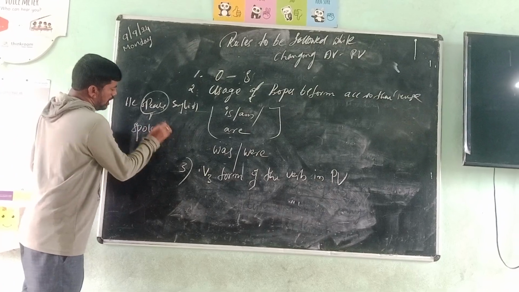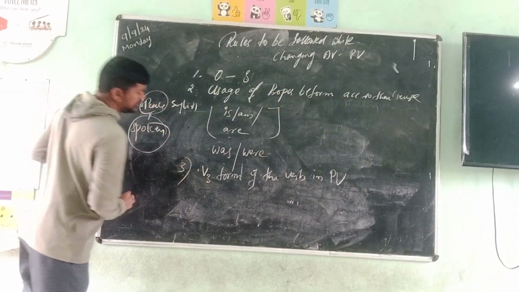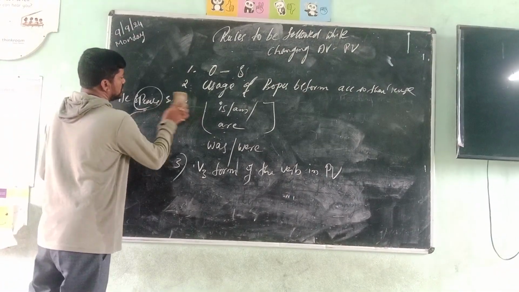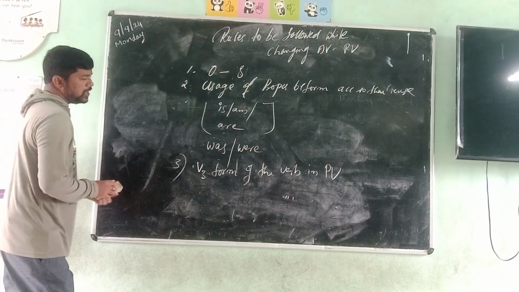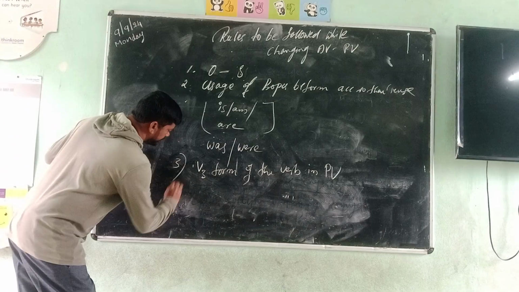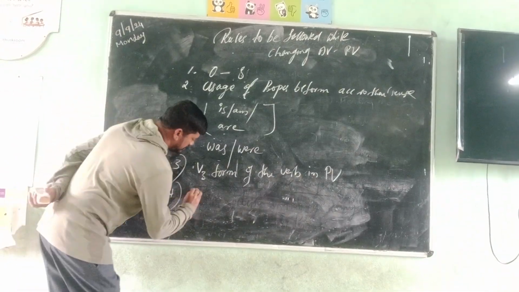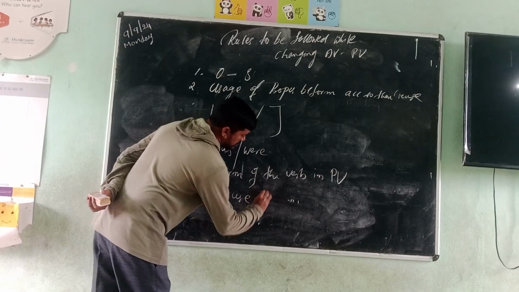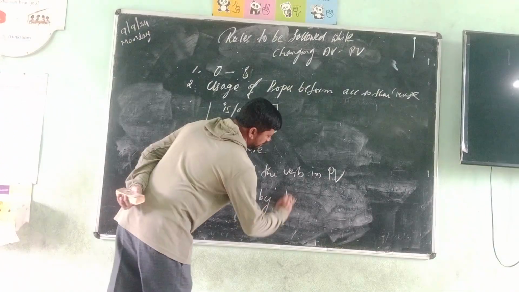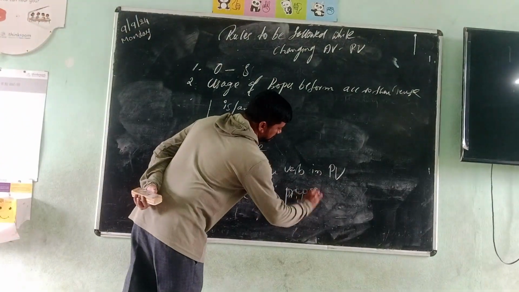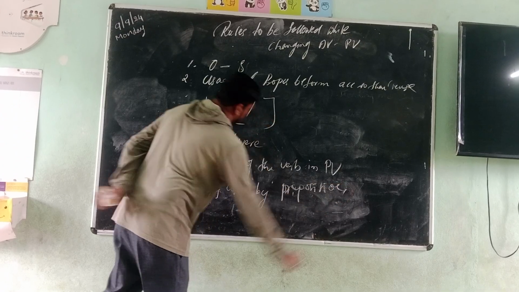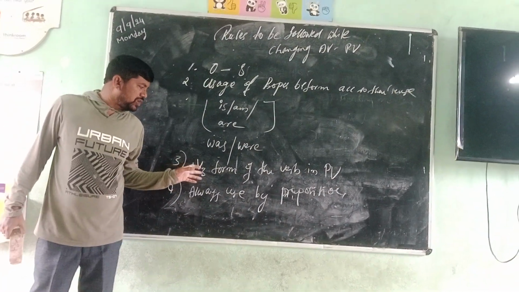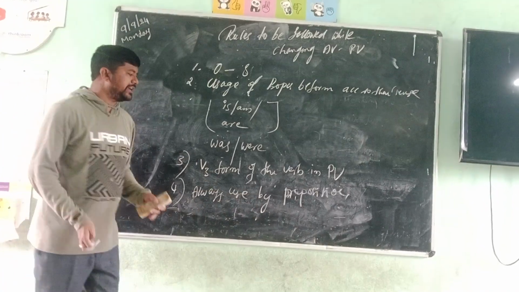Right. So always we have to use the V3 form of the verb in the passive voice. That's a very, very important rule to be followed by you all. Okay. Next, fourth rule. Always use the preposition by after this V3, which means this V3 should always be followed by the preposition by in passive voice.